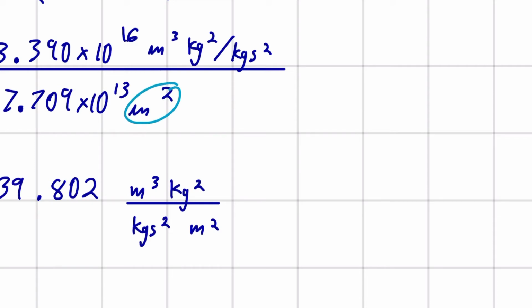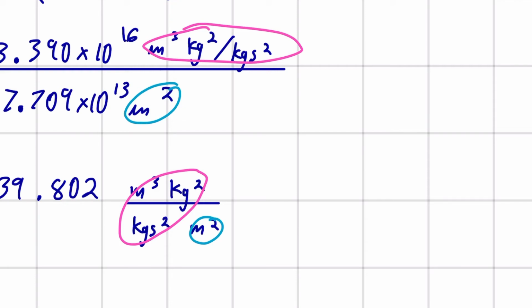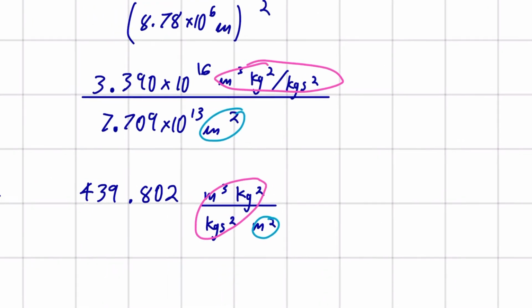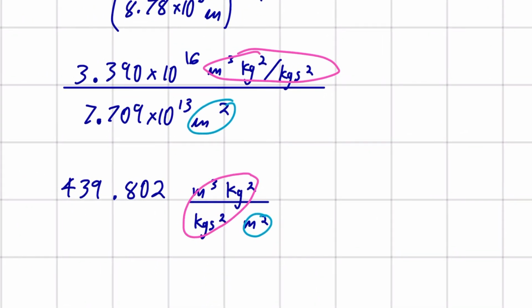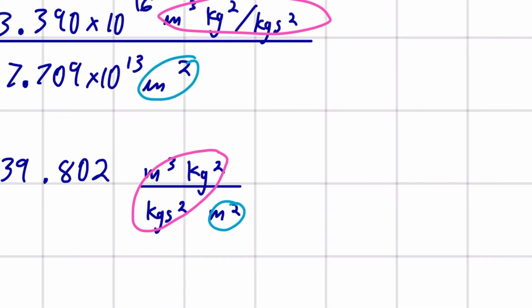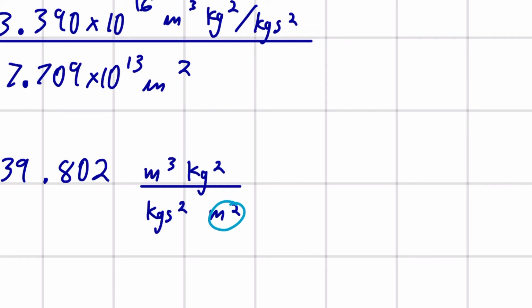So you can see this here, that's that meters squared, and all of this is this. Hope you can see where all these units are coming from. I'm just rewriting all these units just so that we will be able to cancel out some terms now.